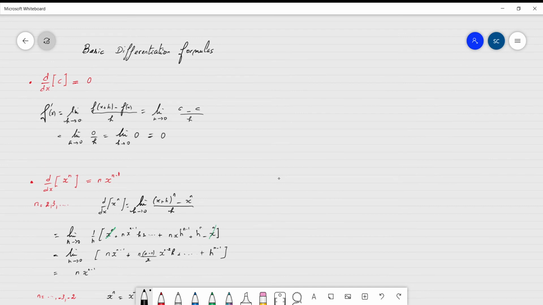Let's continue. Now we will learn to derive the derivative of a constant times a function, supposing that f, of course, has a derivative. So I'm looking to derive this function (cf)'(x).